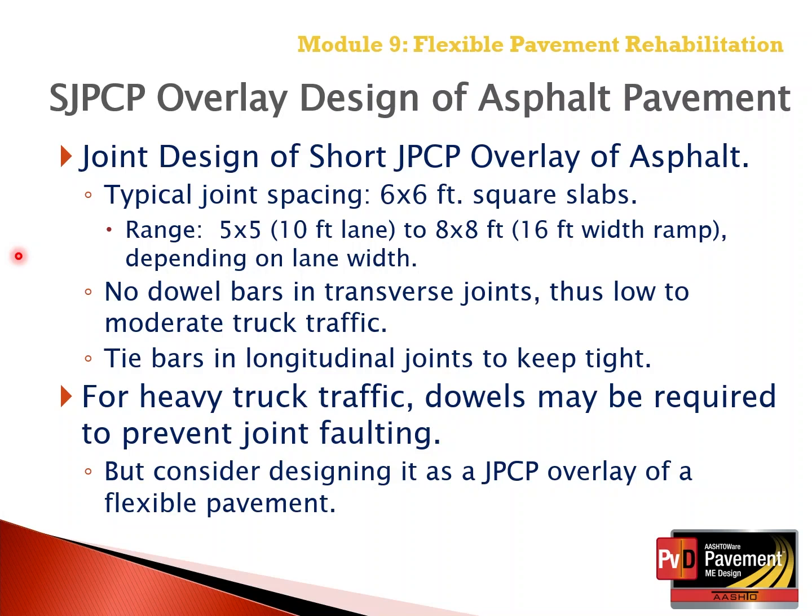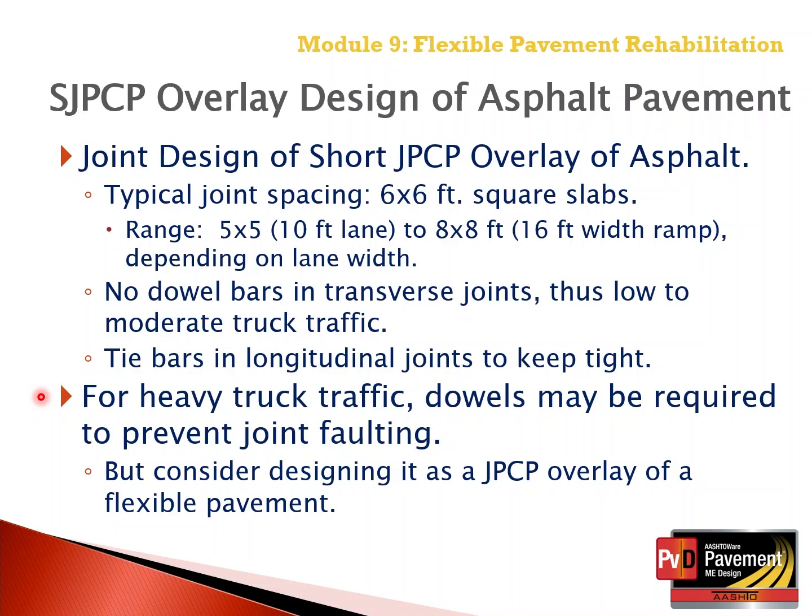Tie bars can be included in the longitudinal joints to make sure the longitudinal joint between the short jointed plain concrete slab and shoulders are kept tight or closed. For heavy truck traffic, dowels may be required to prevent some joint faulting.